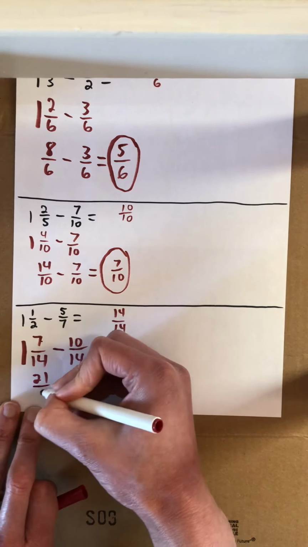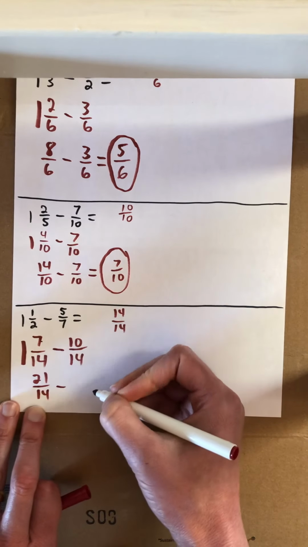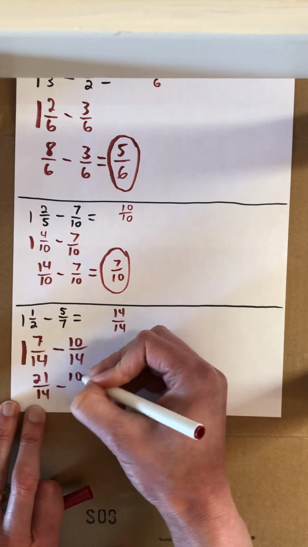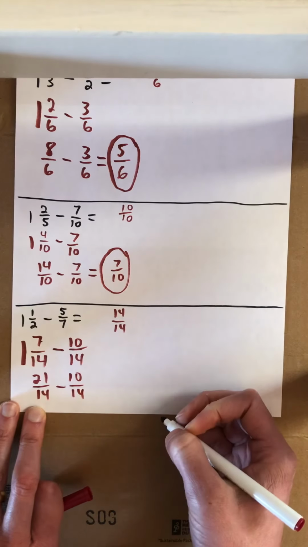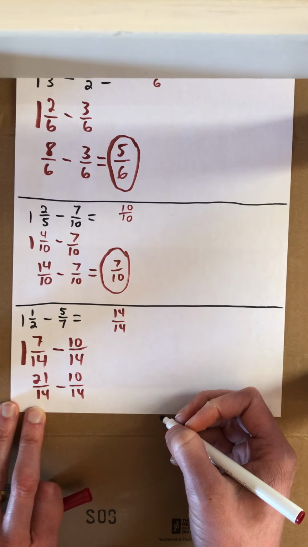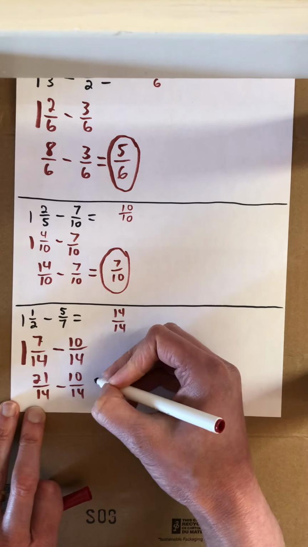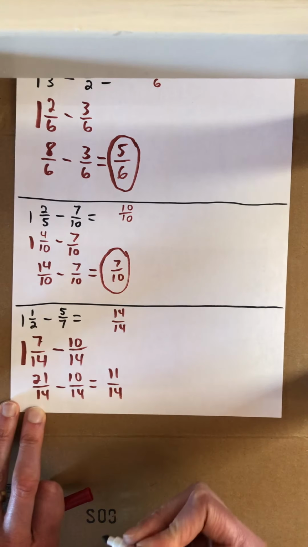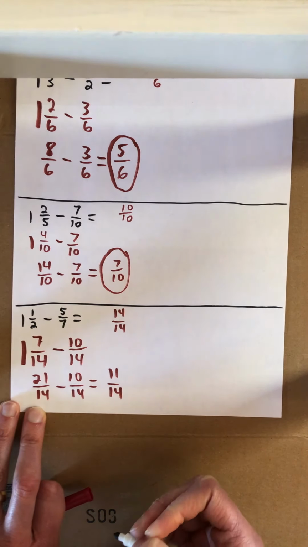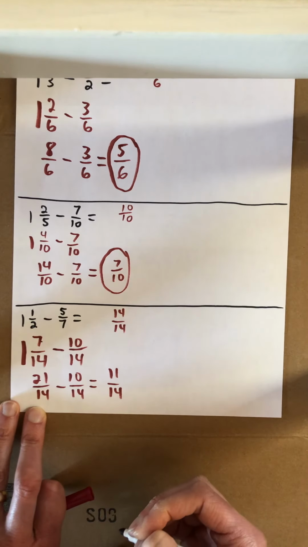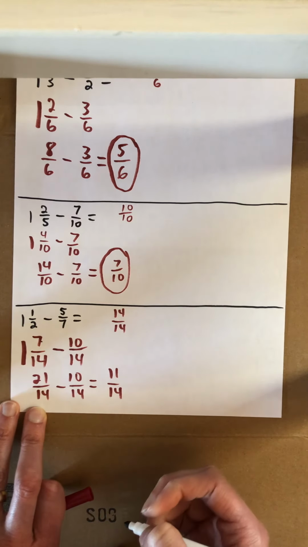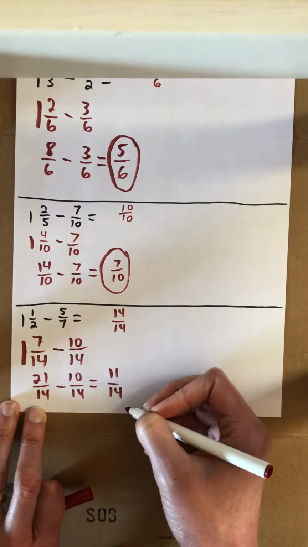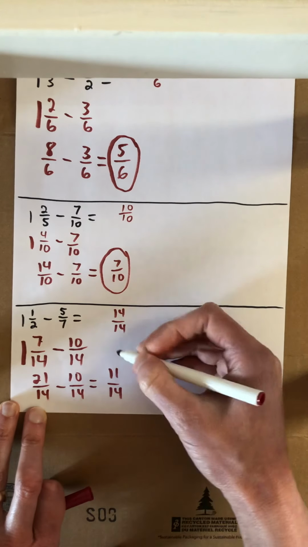So I've got 21/14, and I'm going to take away 10/14, and it's going to leave me with 11/14. And this one is also already in lowest terms. There's nothing I can divide the top and bottom by to make it so that it can go any lower.